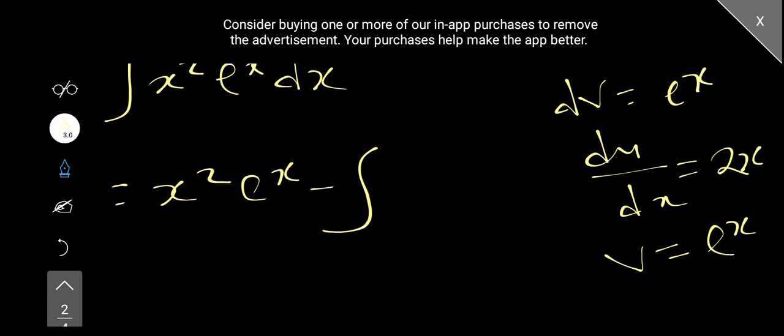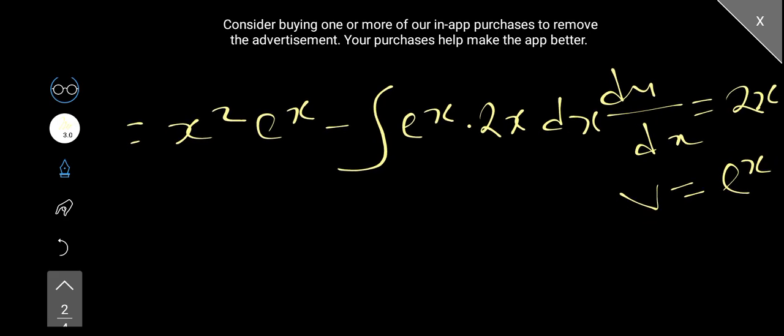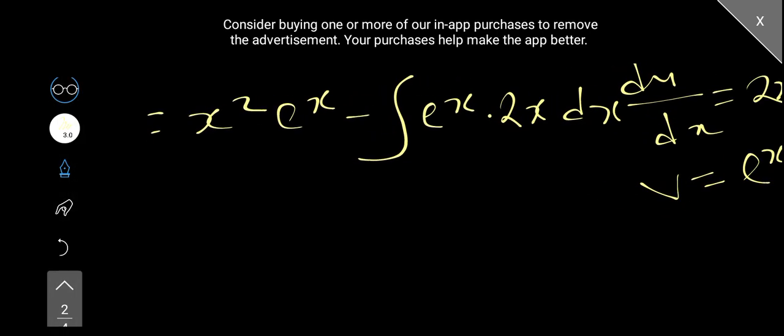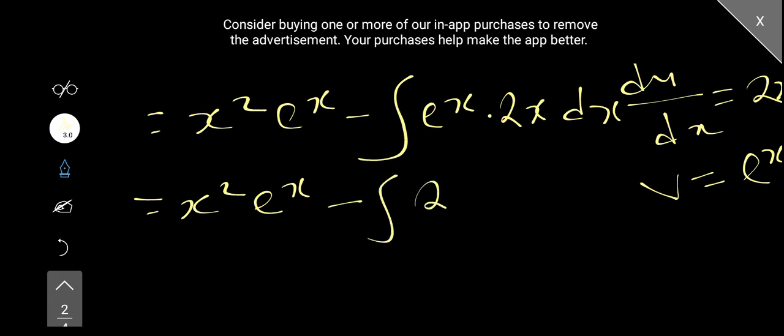So v is e to the power x, du is 2x. Let's integrate what is inside there. So we have x squared e to the power x minus the integral of 2x e to the power x dx.